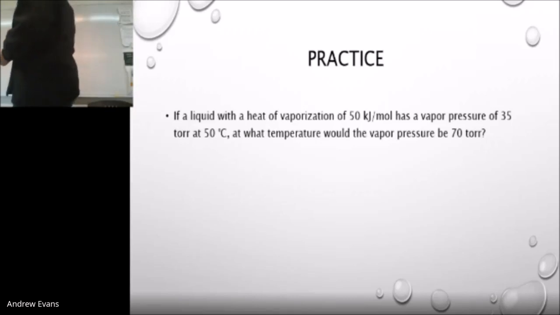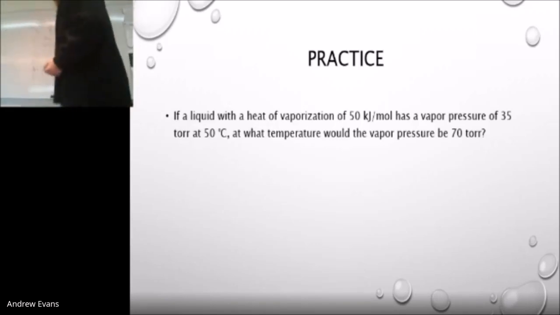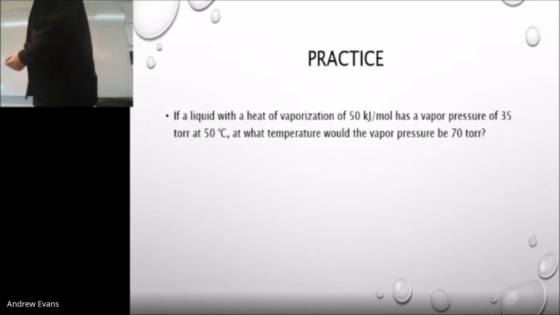But now we have 35 torr at 50 degrees C. I have to turn this into Kelvin. Adding 273 makes this 323. And then 70 torr.